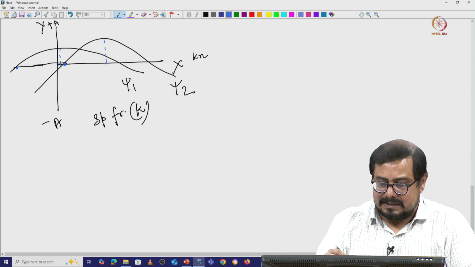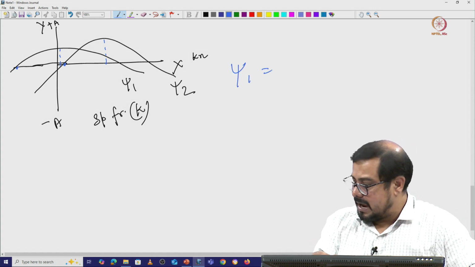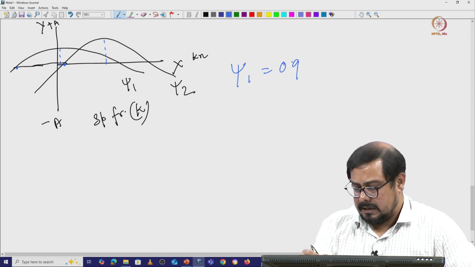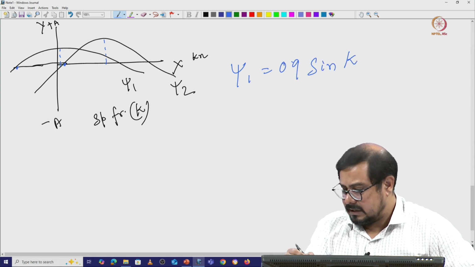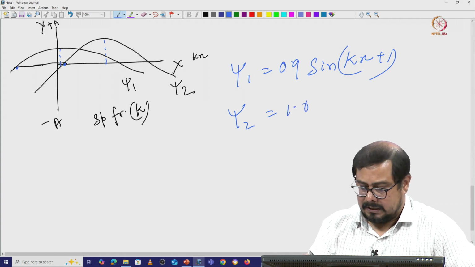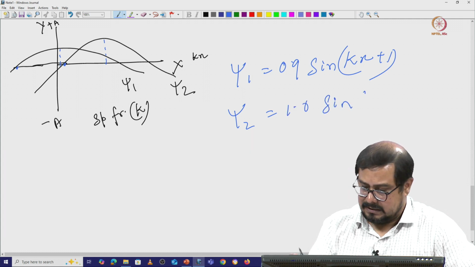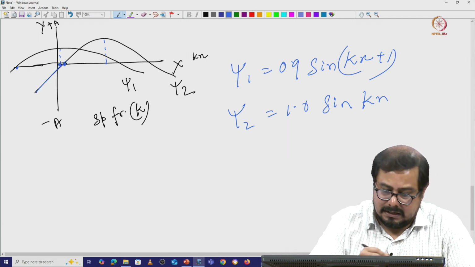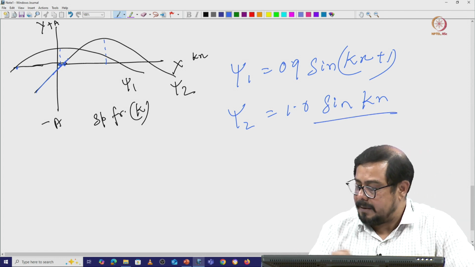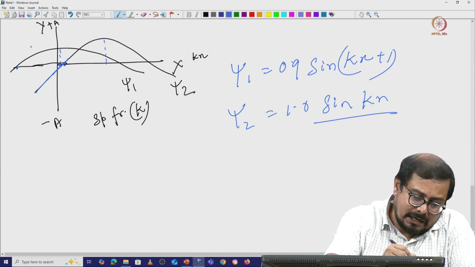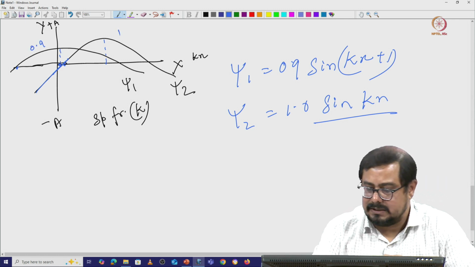Now if we consider wave 1, it will be 0.9 sin(kx + 1), and wave 2 we will consider as 1 sin(kx). Why kx? Because this particular wave starts from almost 0. That is why I am representing it like that, and this amplitude we are considering 0.9 and this amplitude we are considering 1.